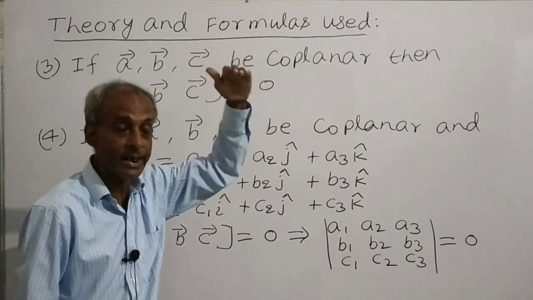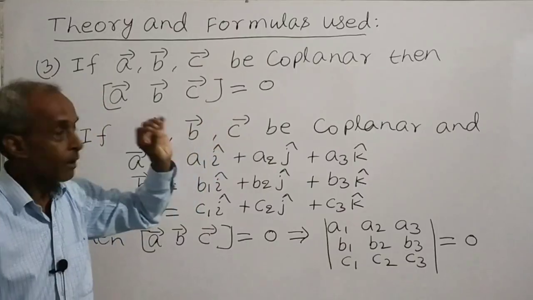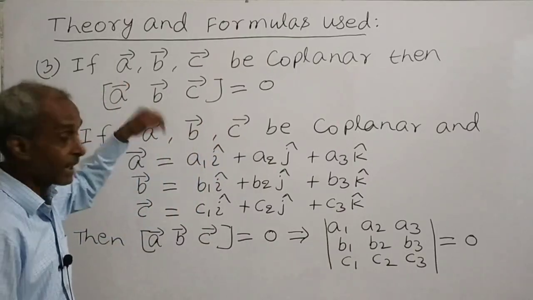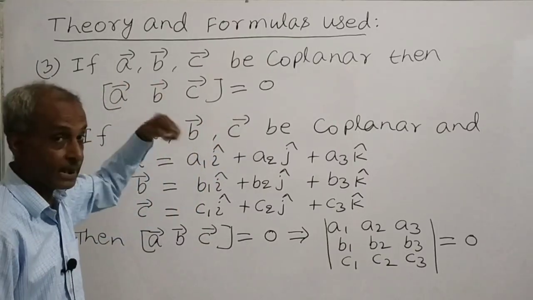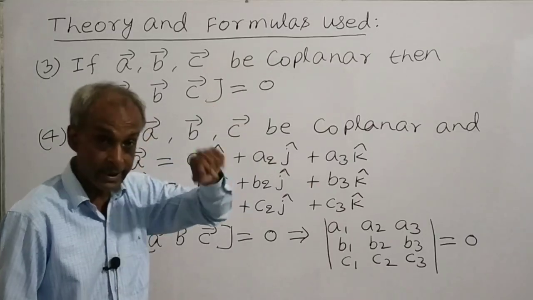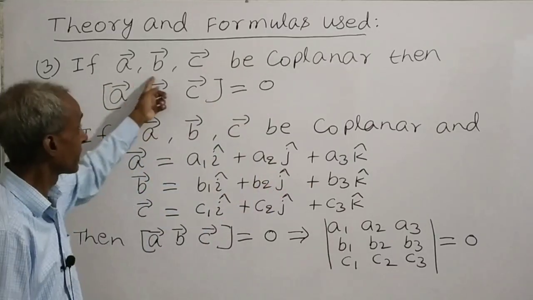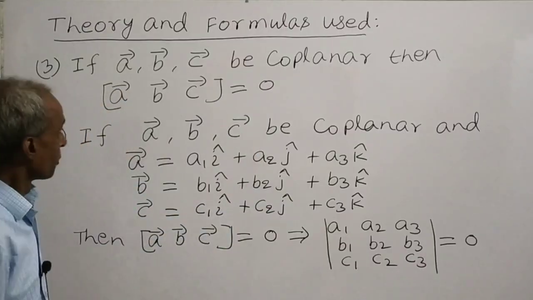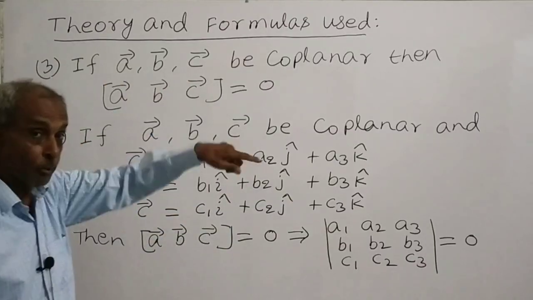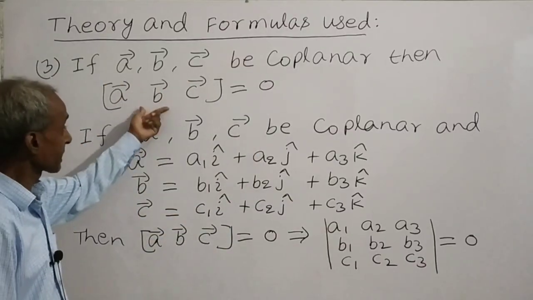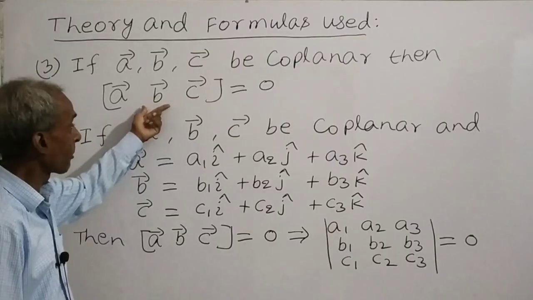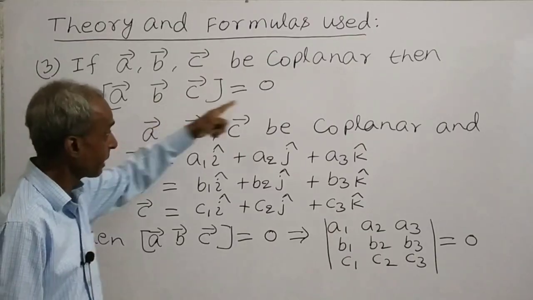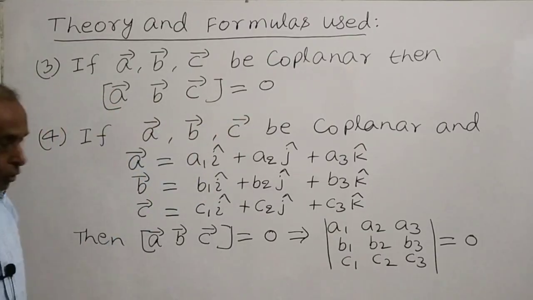There exists one plane to which A is parallel, to which B is parallel, and to which C is parallel. Then also these three vectors will be called coplanar. When three vectors are coplanar, then the scalar triple product of these three vectors will be equal to 0.